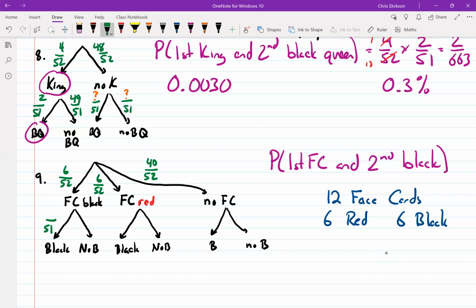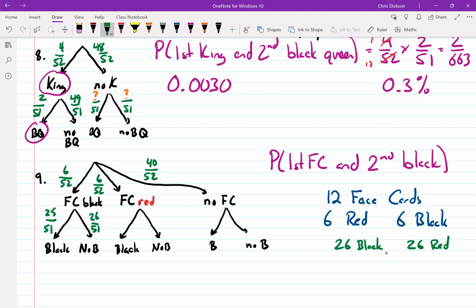Right now there should be, of all the cards, 52, there's 26 black cards and 26 red cards. Okay, now if you've removed one of the black ones, then there would be 25 remaining cards that are black, and there would be 26 cards that are red, because remember the first card you picked was a black face card.